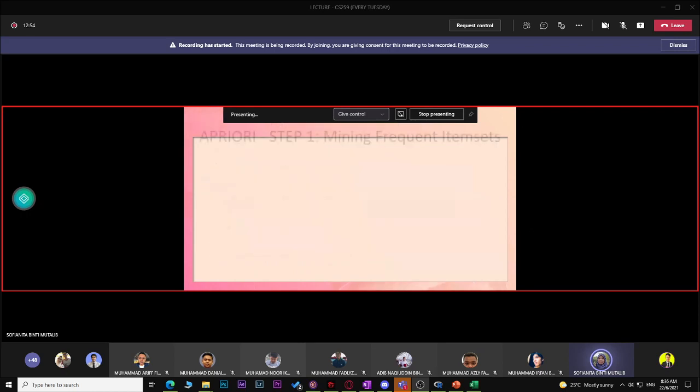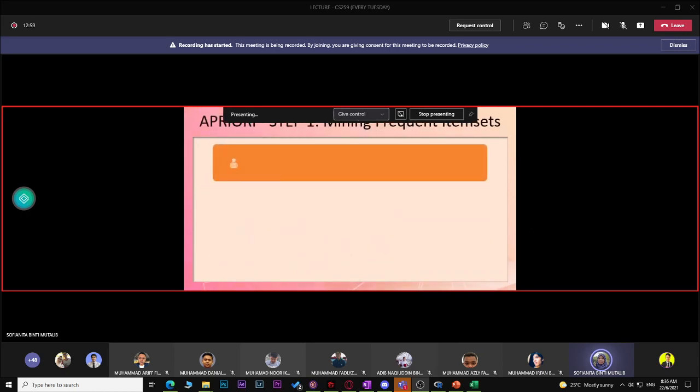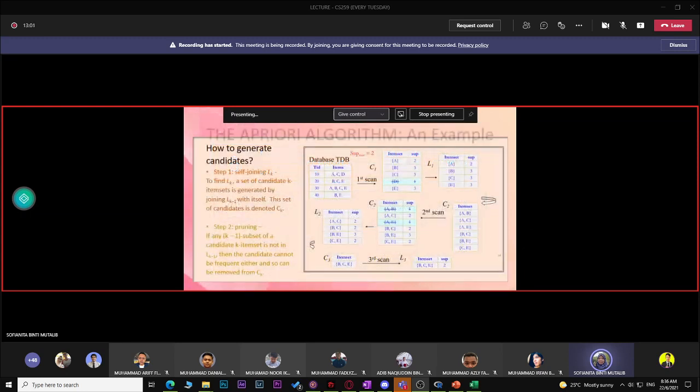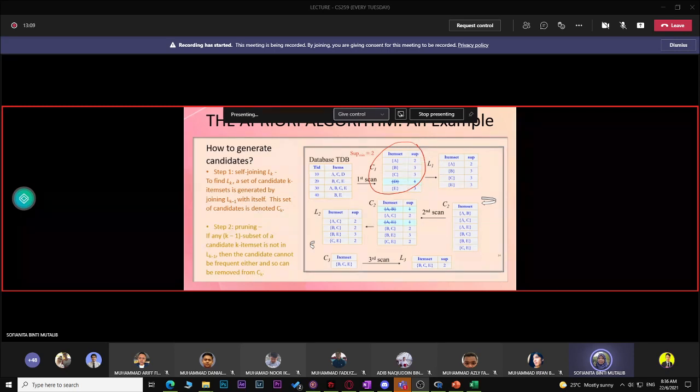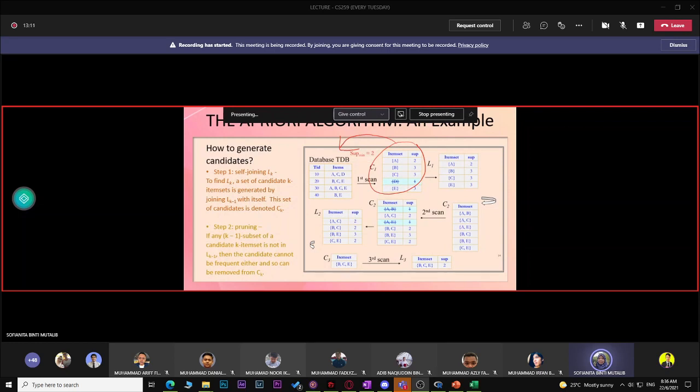If you look at the Apriori concept, it involves multiple scanning. After one iteration we get the candidates, and then they have to be tested in the database to check whether the items occur in the data set or not.